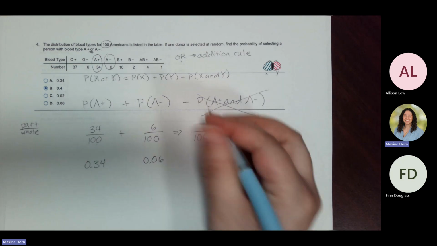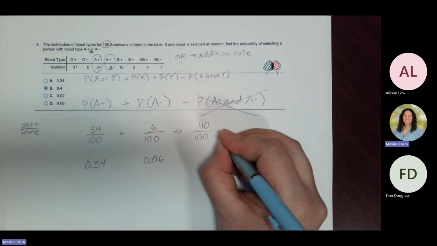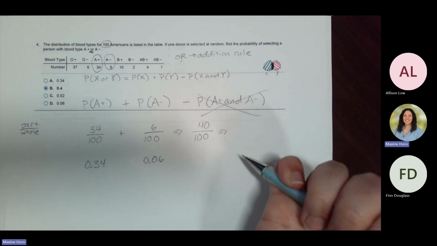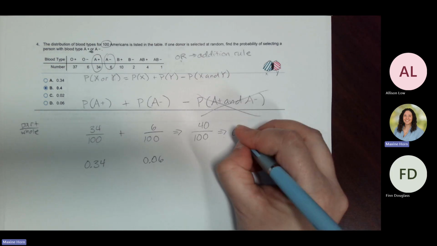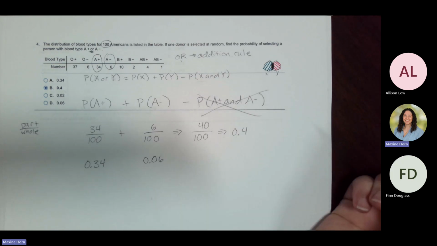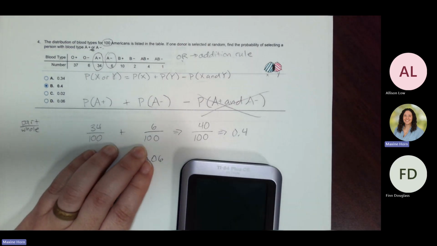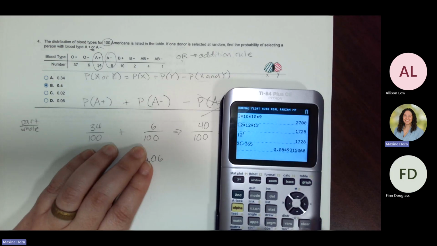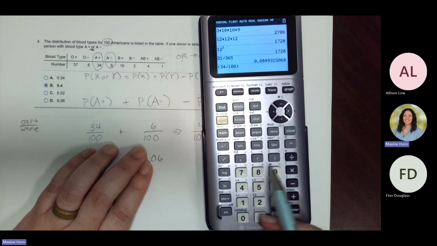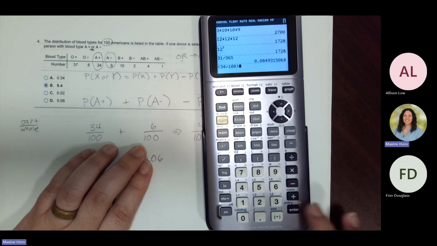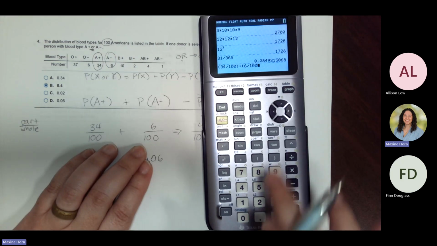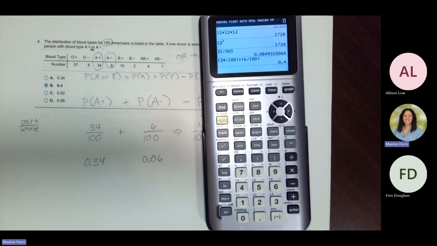So 34 plus 6 is going to give me 40. And if I take that and plug it into the calculator, I get 0.4. You could also, if you didn't feel comfortable adding the fractions together, do the fractions in the calculator. I would just suggest when you're dealing with fractions, use parentheses. So 34 out of 100 plus 6 out of 100, and you get 0.4.